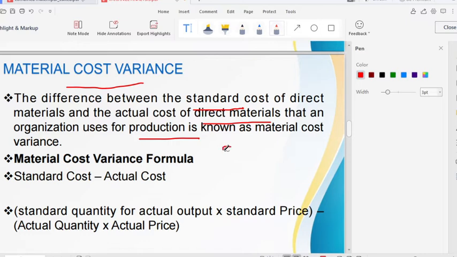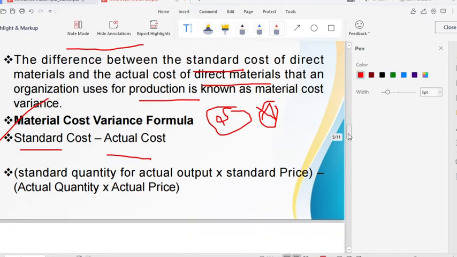This is the standard, got it? But actually how much I got, that will be the actual. Remember, when you saw the material sums also, there will be a standard and there will be the actual. The difference between the standard cost and the actual cost is called material cost variances.